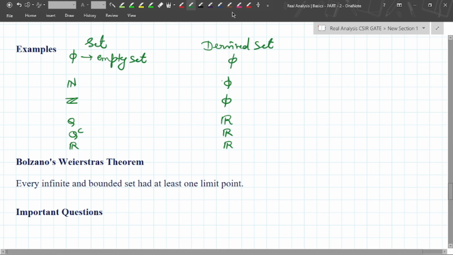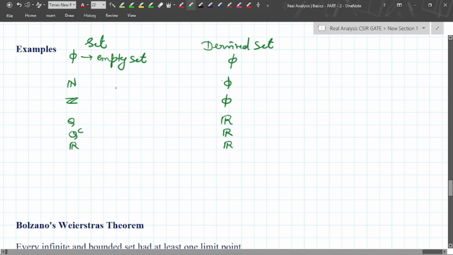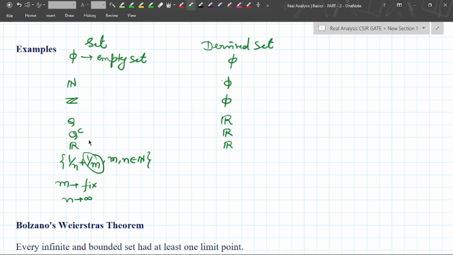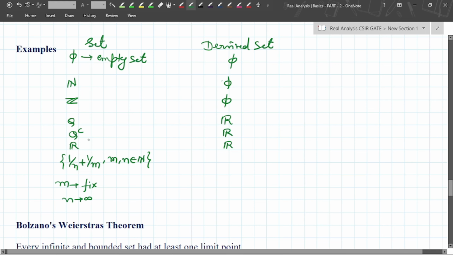Another example we can take is 1 by n plus 1 by m, where m and n belong to natural numbers. What is the limit point in this case? If I take m fixed and n tending to infinity, then this goes to 1 by m. All the points cluster towards 1 by m.